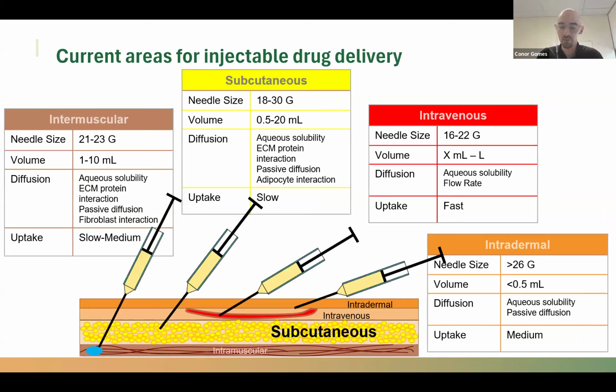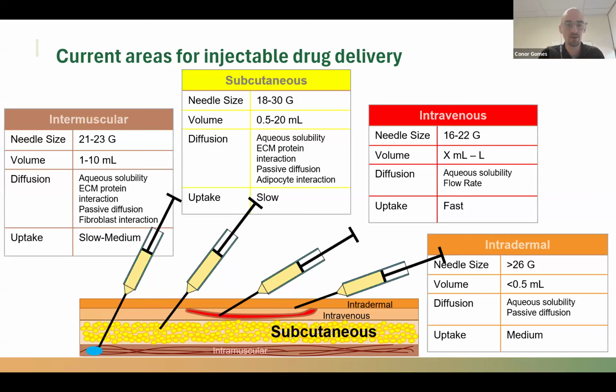I have here a brief schematic showing just using skin and where we normally inject as an example, nothing really deep in this slide. We have your intramuscular injections. You can think of your COVID vaccine if you'd like, where you have a pretty sizable needle and getting into the 10 mil range of administration, where you're injecting deep under the skin into a muscular, collagen-filled region with a lot of solid and aqueous components.